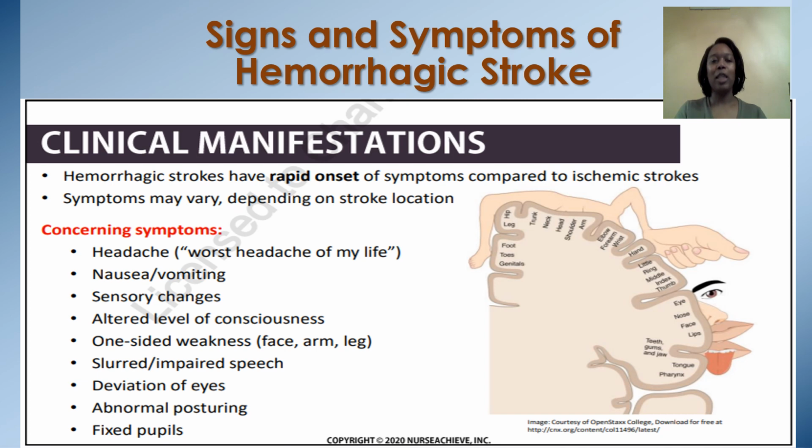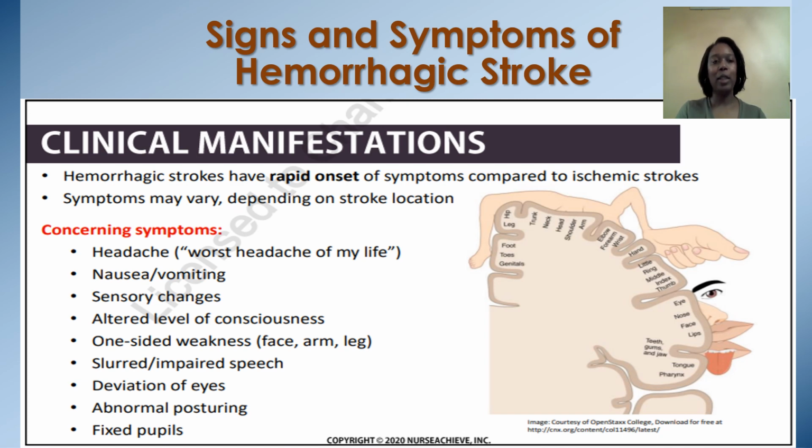So some key signs are it is a rapid onset versus ischemic is a gradual onset, as well as this patient will be experiencing a headache like never before. They will also experience nausea, vomiting, sensory changes. They may be lethargic or confused.